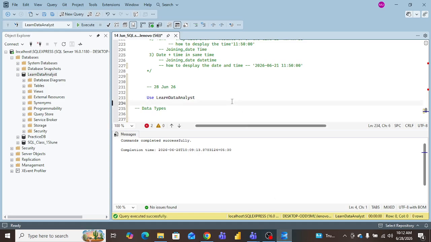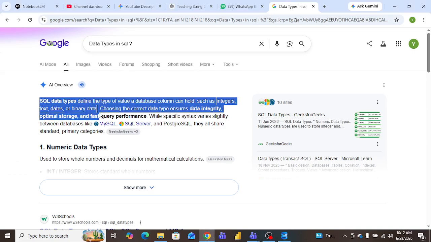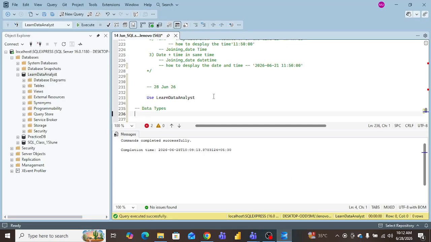Now you understand the data types. Now I will copy and share the slide, so I can save time.